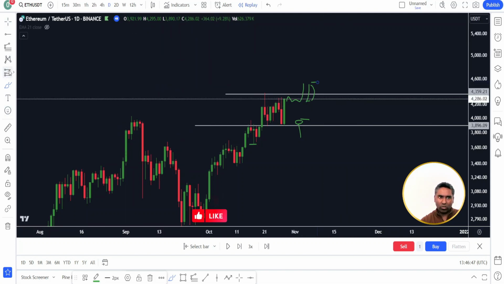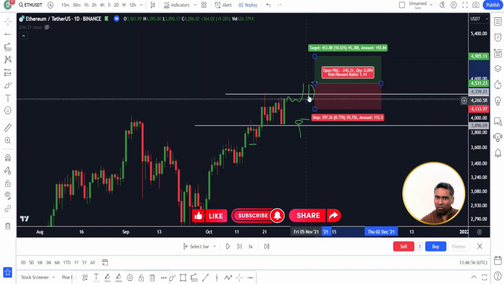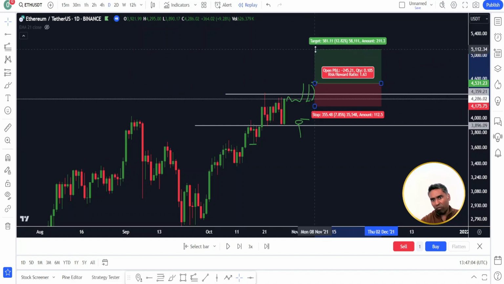How are we planning to have our exits? So this was our entry. What we will do, we will put our stop loss below this candle, whatever candle was there below that candle, and we will put our TPs. First TP should be minimum 1R.